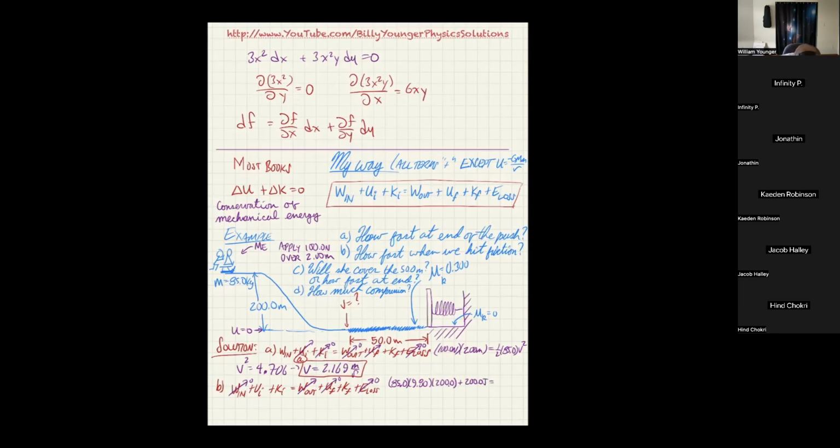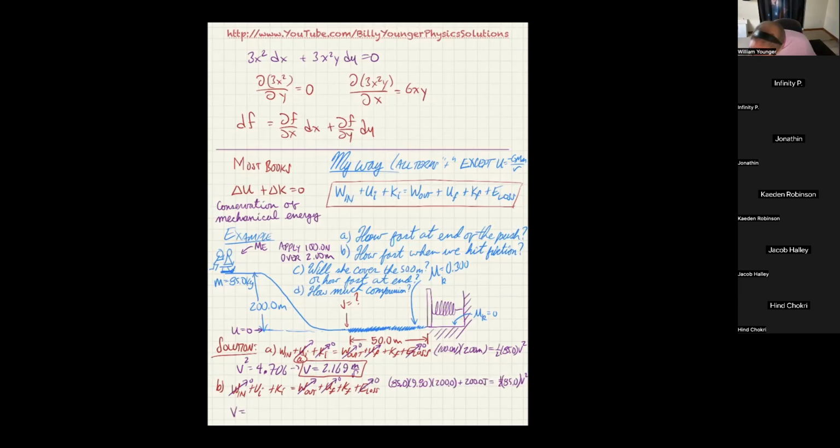And all that is equal to 1/2 times 85.0 times V squared.